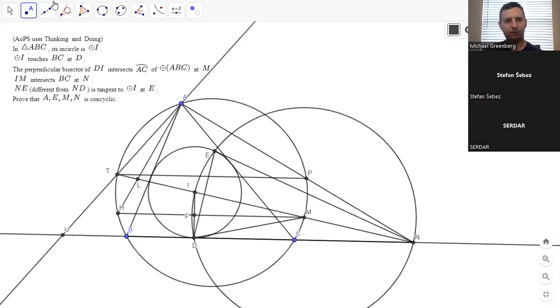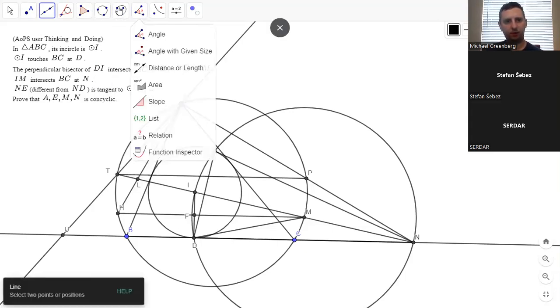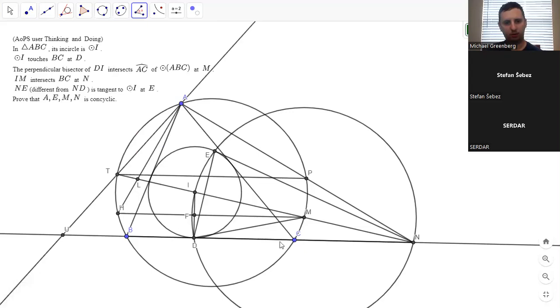Let's see. Can we use isogonal conjugates somehow to show this?